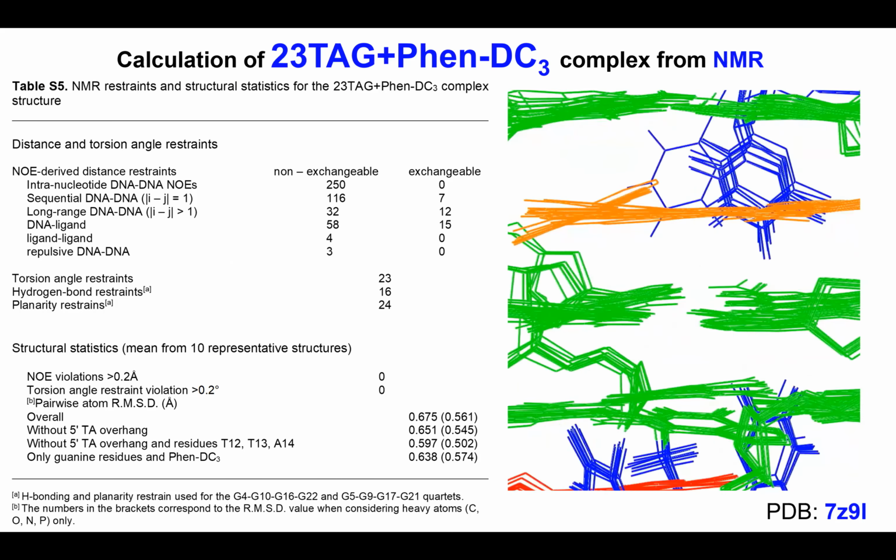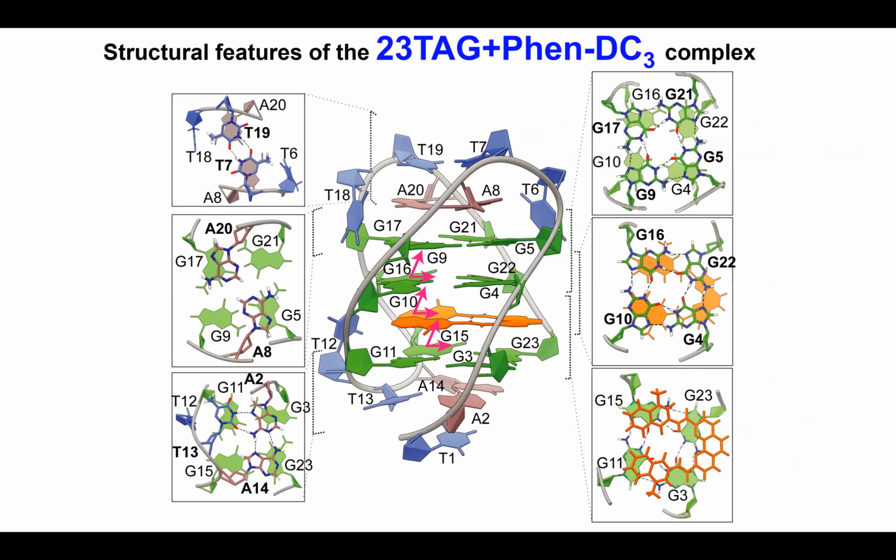Let's see the other stabilizing factors. First, the stacking of the ligand between the two quartets, G16, G22, G4, G10, as well as the top 5' quartet, G7, G21, G5, G9, which is a dynamic quartet. We observe only 2 hydrogen bonds for the quartets. And we also see syn-anti stacking, which gives rise to some stabilization.